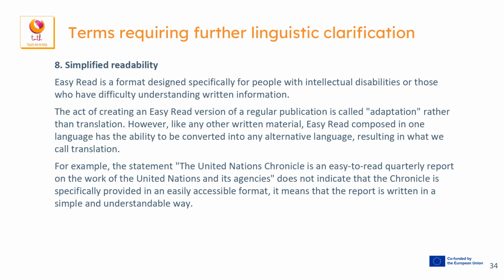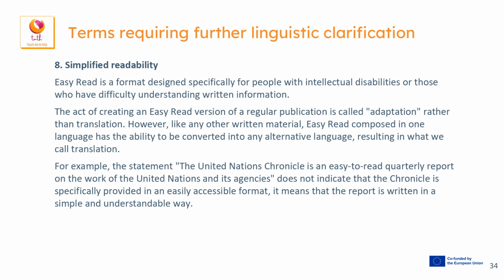8. Simplified readability. Easy Read is a format designed specifically for people with intellectual disabilities or those who have difficulty understanding written information. The act of creating an easy-read version of a regular publication is called adaptation rather than translation.